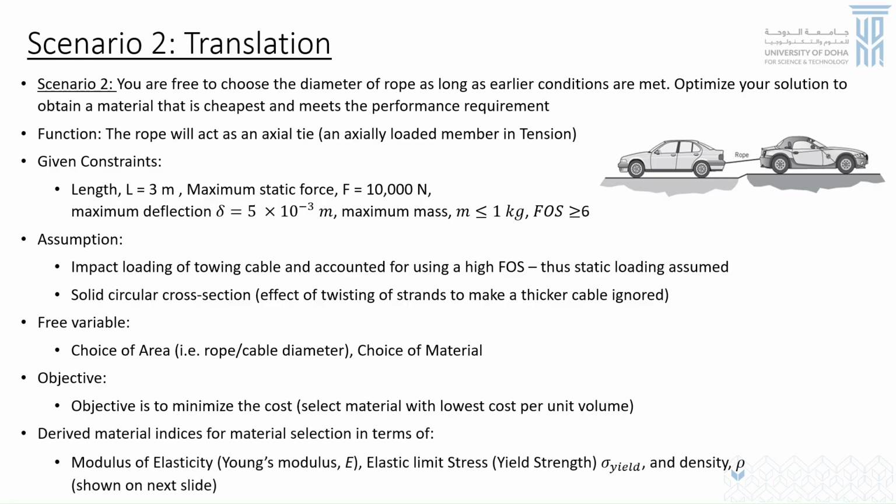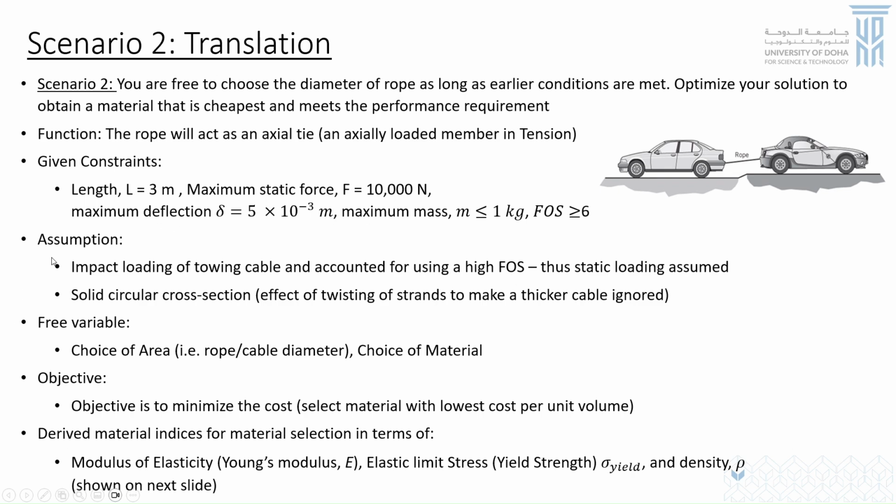Next, after this, what we need to do as part of translation is to derive the material indices for material selection. In this case, because the area is a free variable, we are not going to directly start deriving the constraints. Rather, we will derive the material indices in terms of the variables of interest, which link these constraints with the material properties.